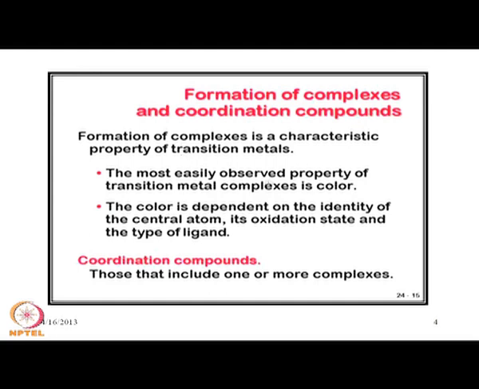That means all the transition metals, now we are isolating these metals from the periodic table, because this cobalt and other examples that we are giving for this particular class, they are the typical transition metals.